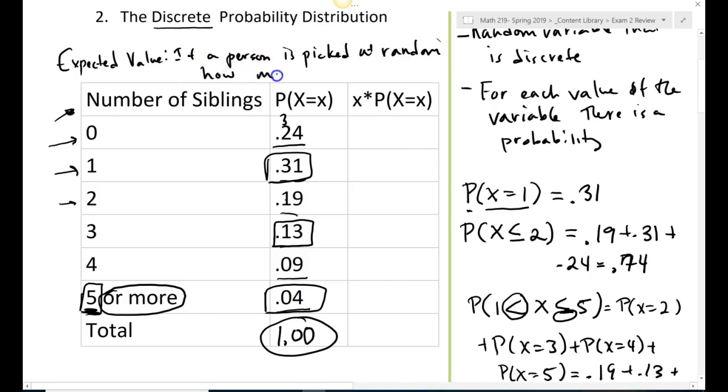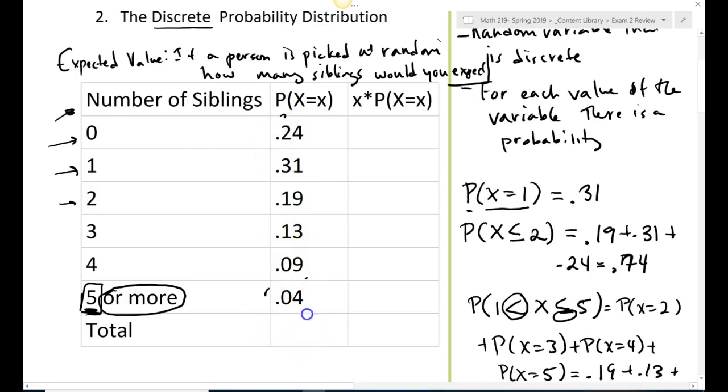How many siblings would you expect them to say? Okay, that's all that we're really talking about at this point. In order to find that, there's a formula that we utilize, okay? And it's pretty simple, and I've utilized this table to help demonstrate how to find these expected values.